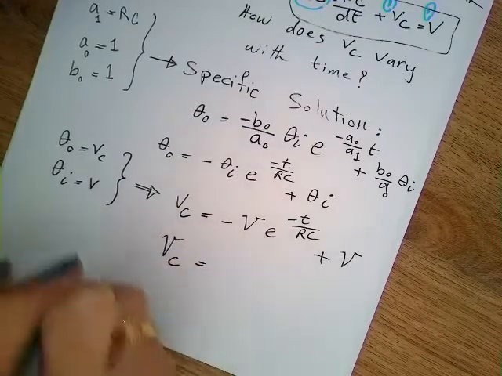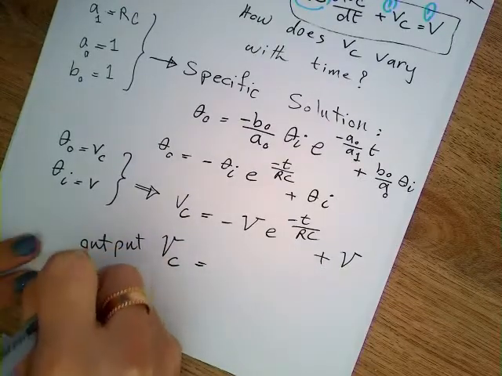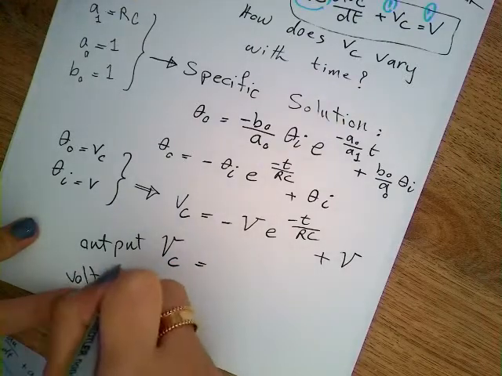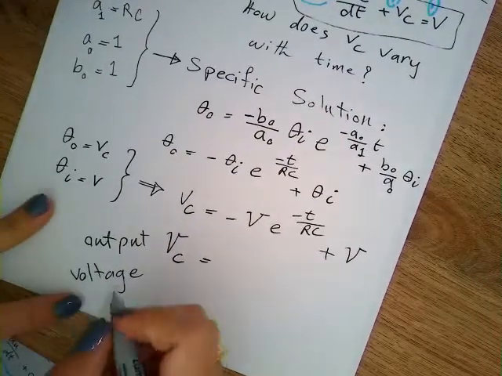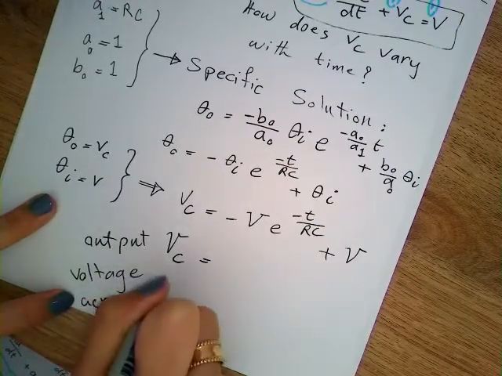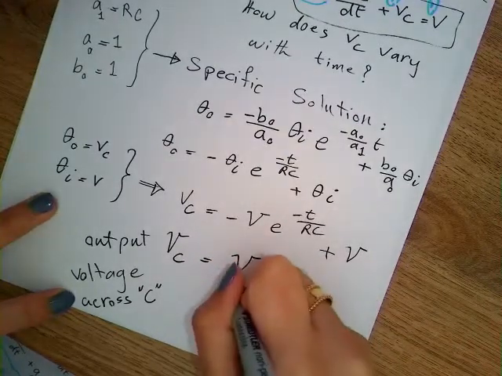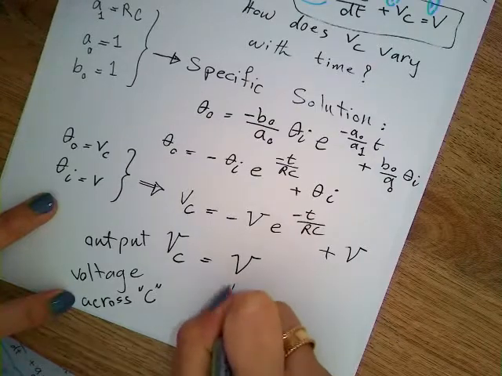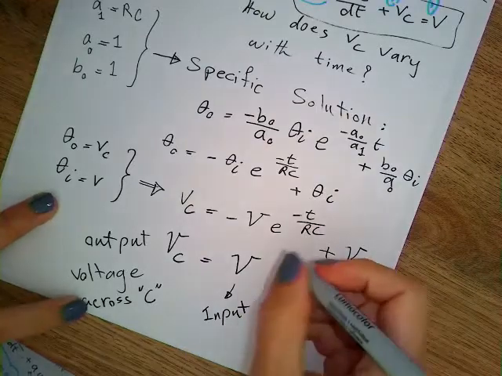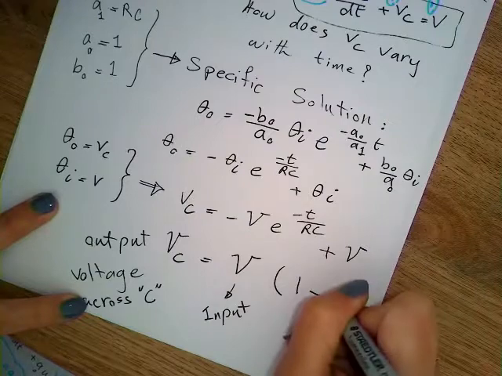So the output voltage, or potential difference across the capacitor, voltage across capacitor C is equal to, I'm factoring out the V, that is my input, which in this case I'm assuming is a step input, and then I have 1 minus the exponential.